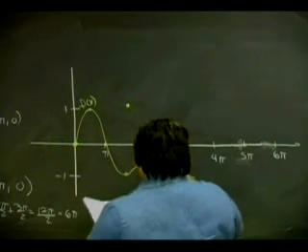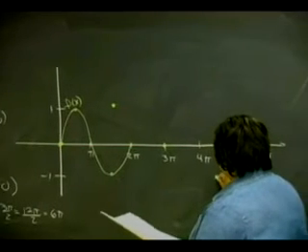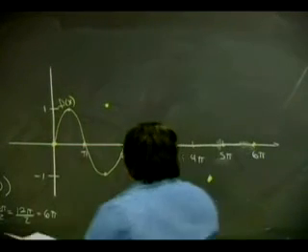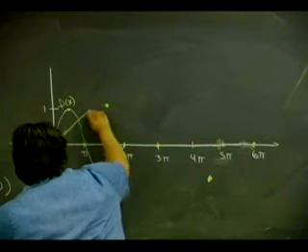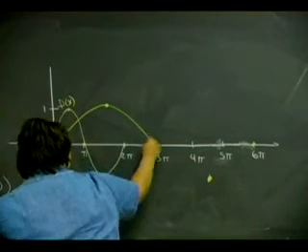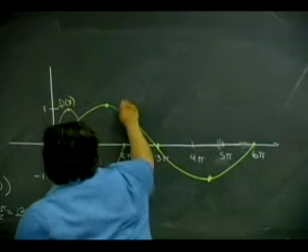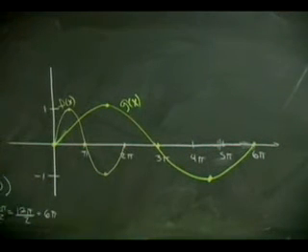And then we go to 9 pi over 2, -1. And then we go to 6 pi, 0. So this thing is g of x. I guess I should have used 2 other colors than yellow and green. They kind of look alike.